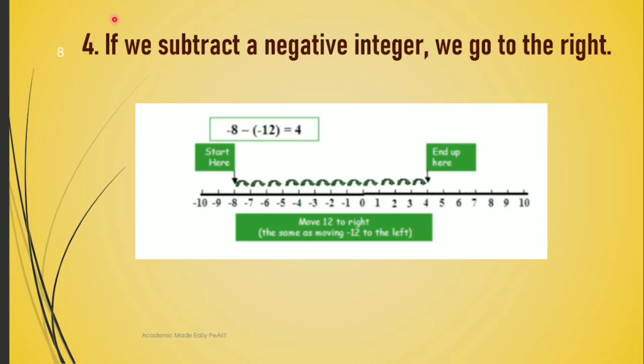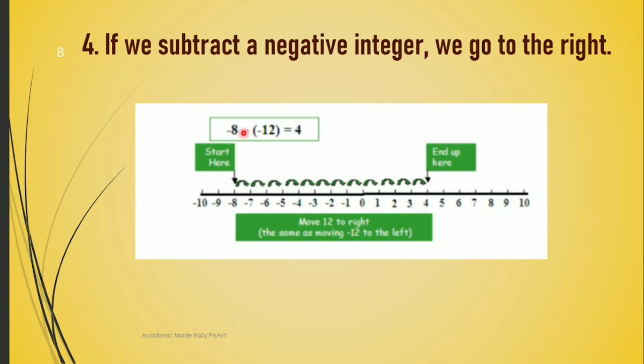Now, the fourth tip is, if we subtract a negative integer, we go to the right. Here we have -8 minus -12 equal to 4. How we represent this on the number line is that first we point out where -8 is. So -8 is over here. Right from here, I have to move towards my right side or left side.